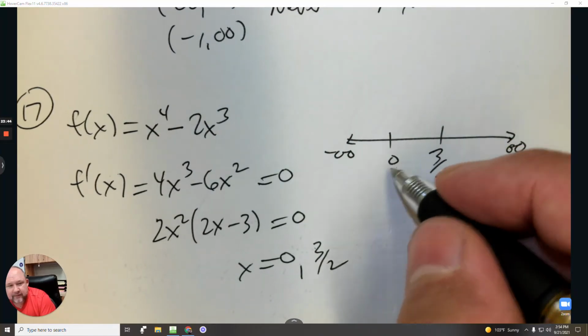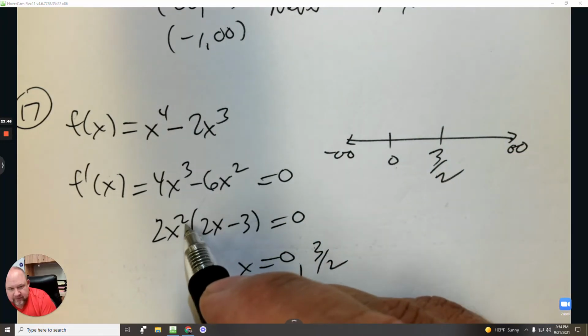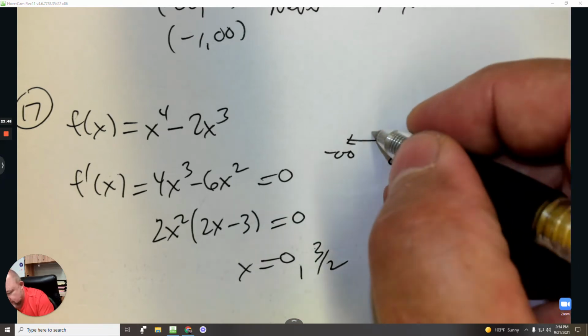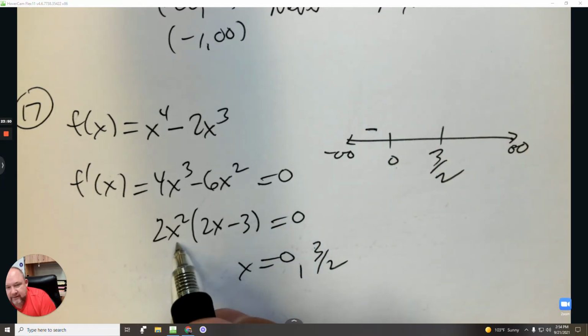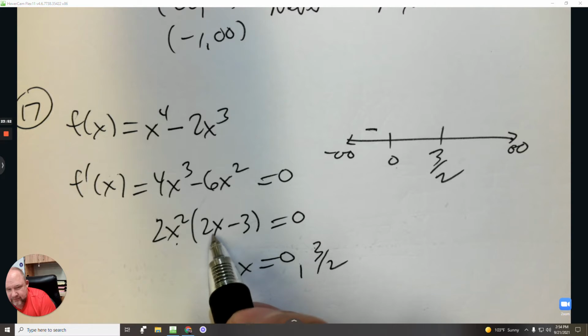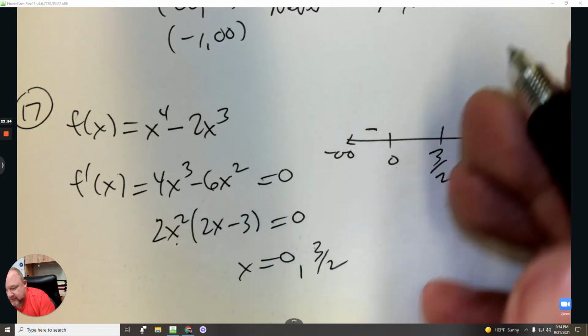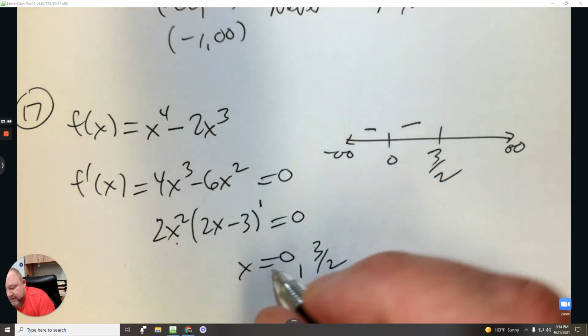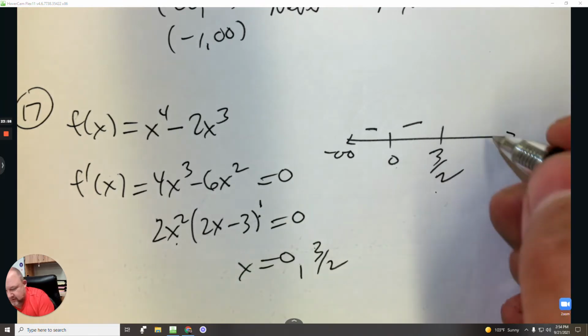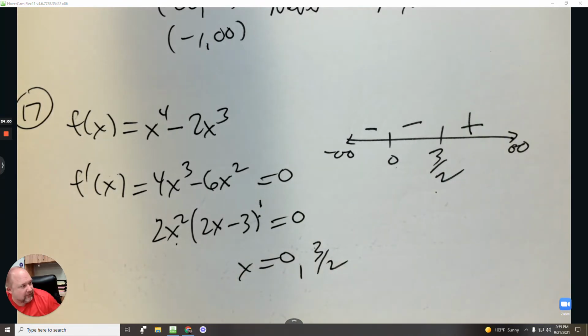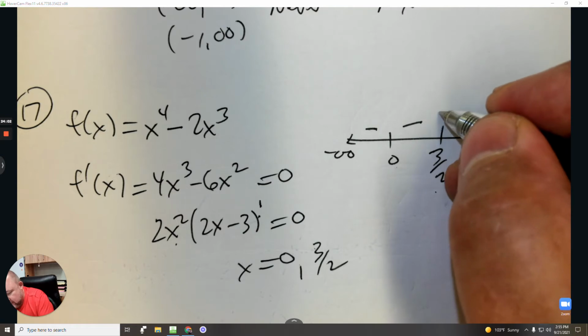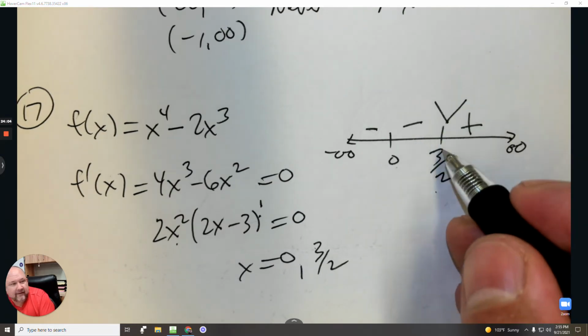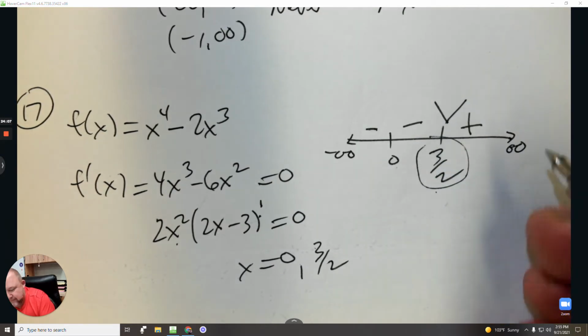Pick a negative number, and you get a positive times a negative. Pick 1, and you have a positive times a positive. Notice the multiplicity. The sign's going to change the same. The multiplicity here, it's not going to change. So it's negative, negative, and then positive. So only here do we have a turning point, and it's a minimum.